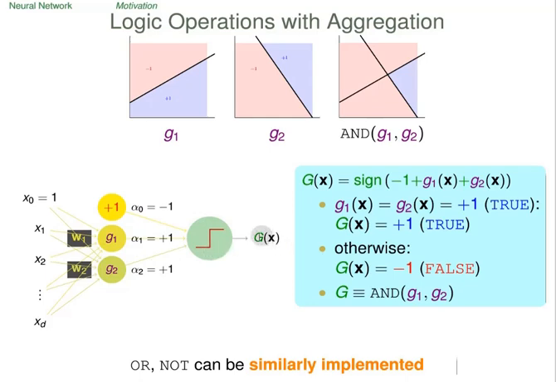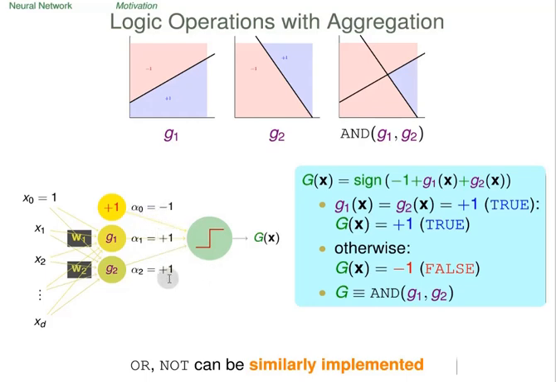Note that the weights of the second layer, alpha 0, alpha 1, alpha 2, will define whether G implements the Boolean AND function or OR function, or another Boolean function, for instance.